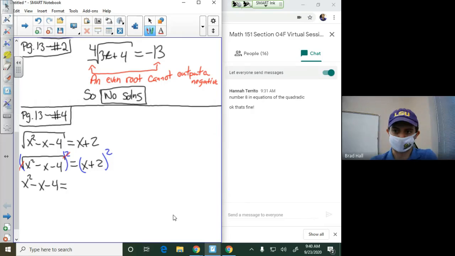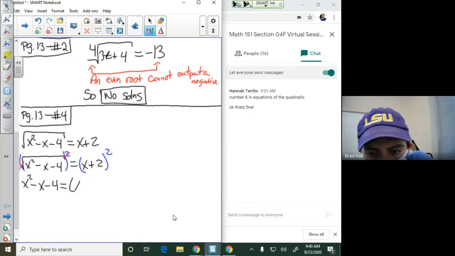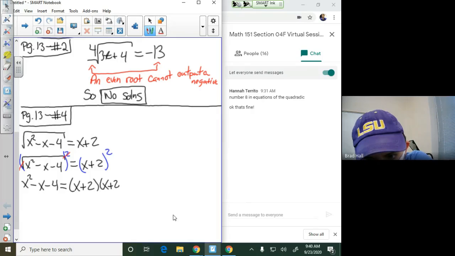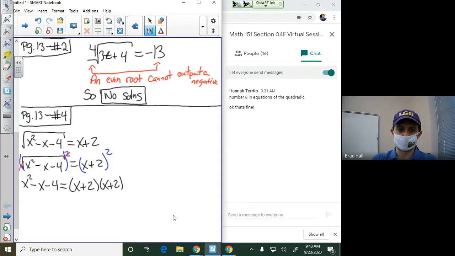And on the right-hand side, x plus 2 squared needs to be FOILed. You need to FOIL this. So that's why I'm going to write it as x plus 2 times x plus 2. So we can FOIL this. First, outer, inner, last.